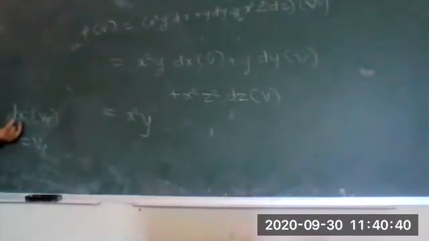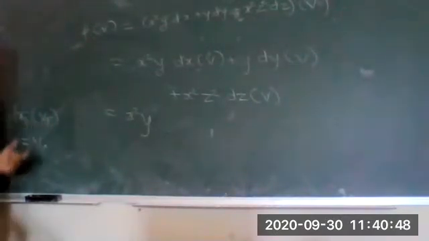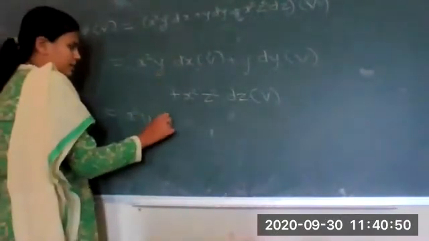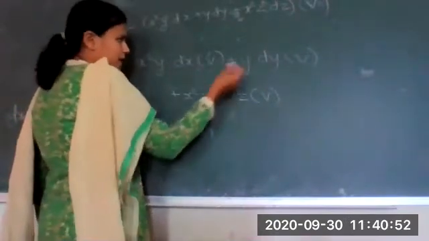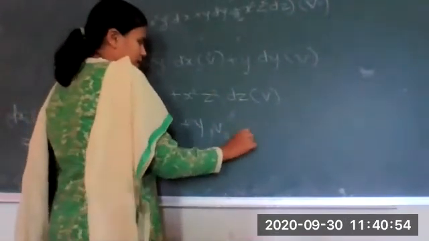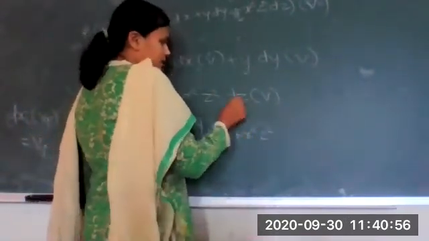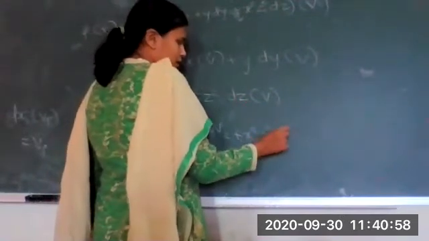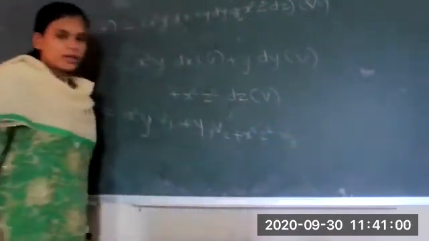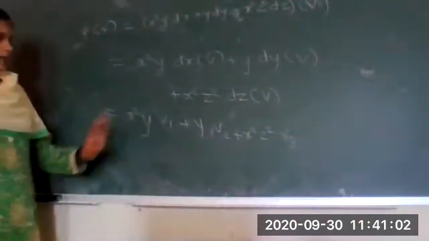So dx1 vp will be v1, dx2 vp is v2, dx3 vp is nothing but v3. So now we can write dx v is v1, plus y as it is, dy v is v2, plus x square z square as it is, dz v, that is the third coordinate of a tangent vector, that is v3.